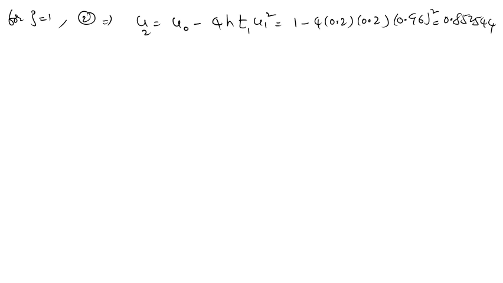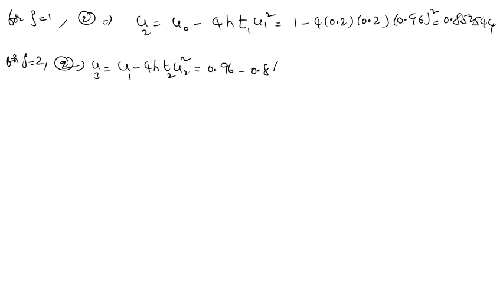So this entire value is 0.852544. Okay, now for j equals to 2, equation 2 implies u3 equal to u1 minus 4h t2 u2 square. What is u1 value? 0.96 minus this becomes 0.8, t2 value 0.4 and 0.852544 square, u2 square.